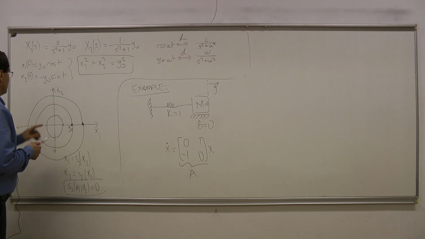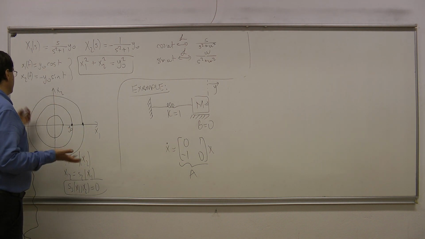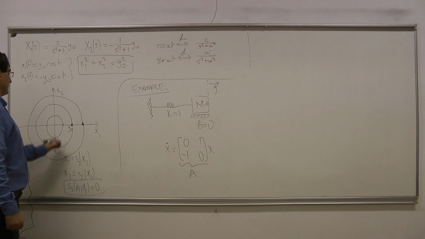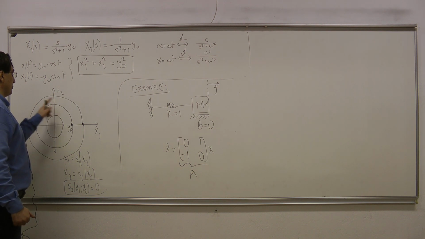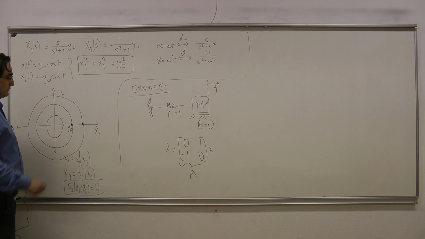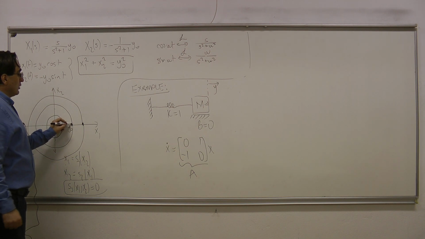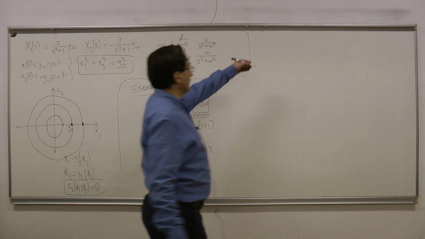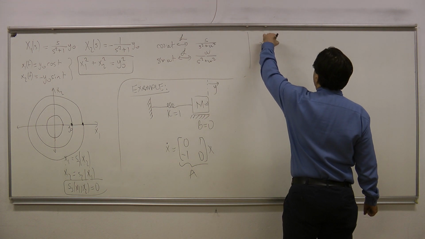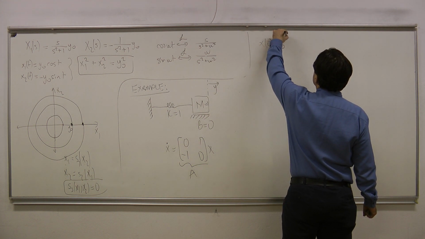Just choose a point on this trajectory. I'm choosing the initial point here, but you can select any point on any one of the trajectories. And I want to know what the velocity vector would be at this initial point. That initial point is x0, which is equal to y0, 0.